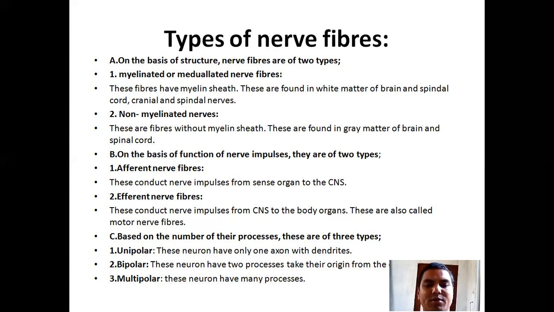Based on the number of their processes, there are three types of neuron. They are unipolar, bipolar, and multipolar. Unipolar neurons have only one axon with dendrites. Bipolar neurons have two processes. Multipolar neurons have many processes.